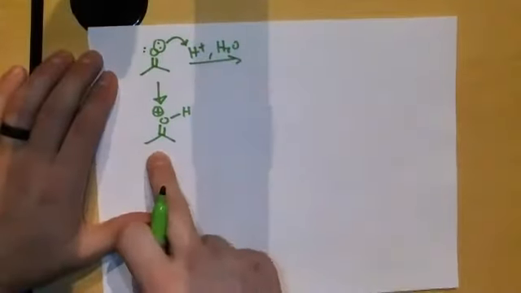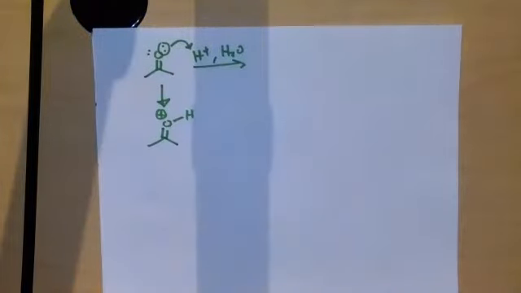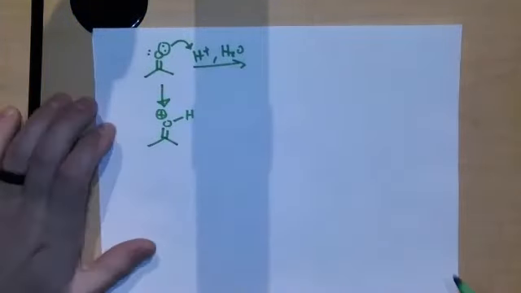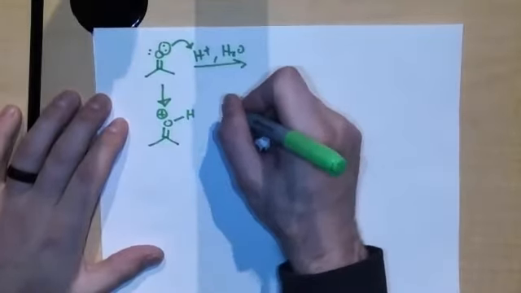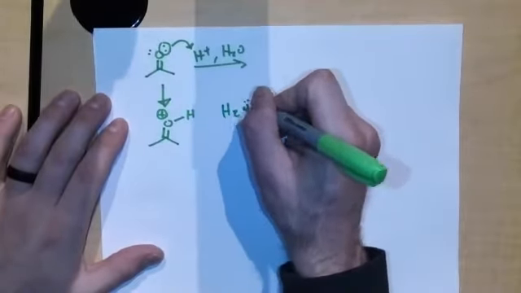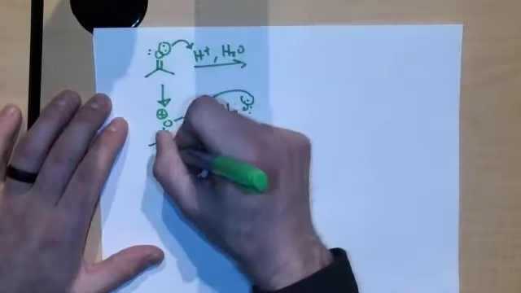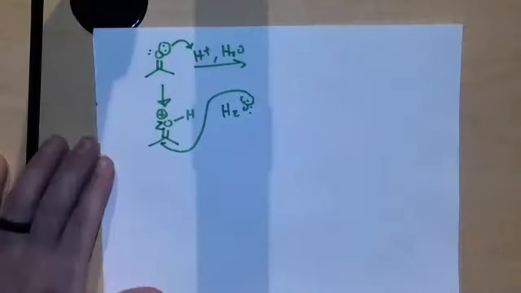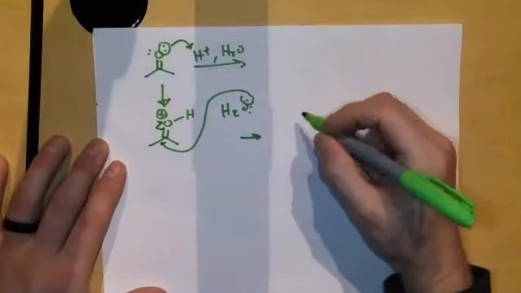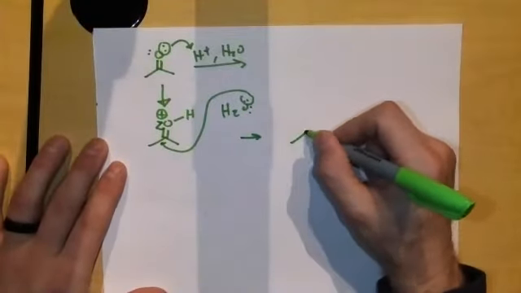So we picked up this H+ here. From this point, water can come in, attack our carbonyl, kick these electrons off. We're going to generate a diol.